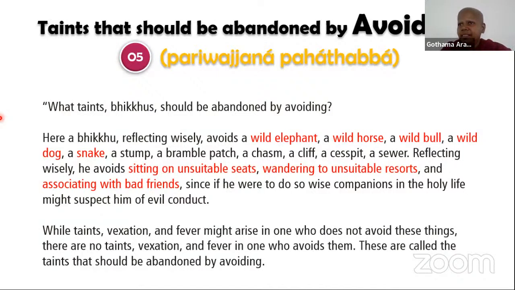Bad influence, bad friends. A bad friend is something or someone that takes you away from Nibbana. It is not necessarily a person, it can be a person, but it is not only a person. If with your six senses, you are doing anything related to greed, aversion, and delusion, that is the bad friend.